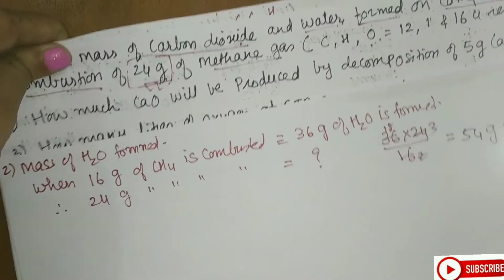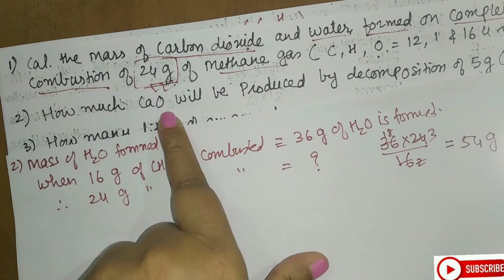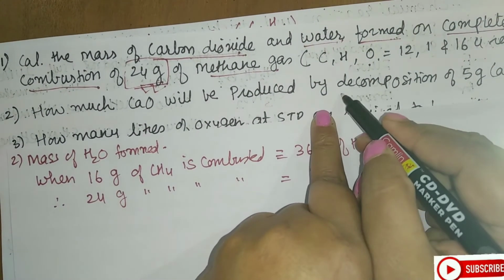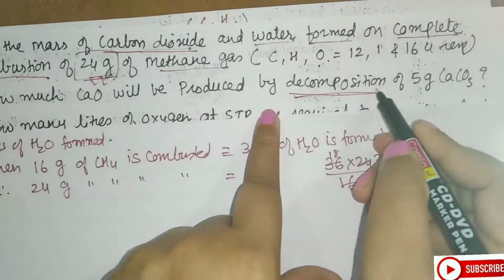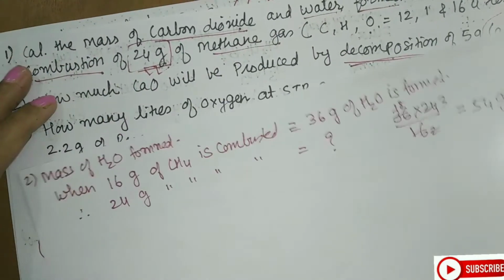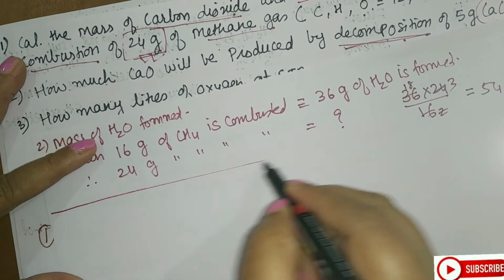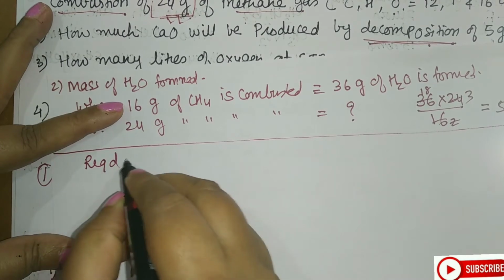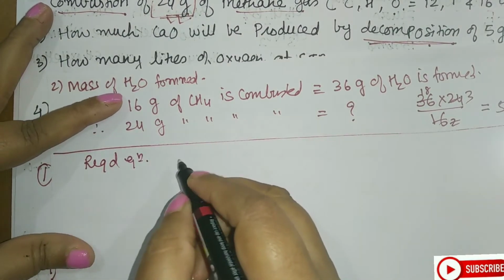That is, how much calcium oxide will be produced by, see the term here now, student, this is decomposition. Decomposition of what? Of calcium carbonate. So what will be your required equation now? Let us write the required equation.